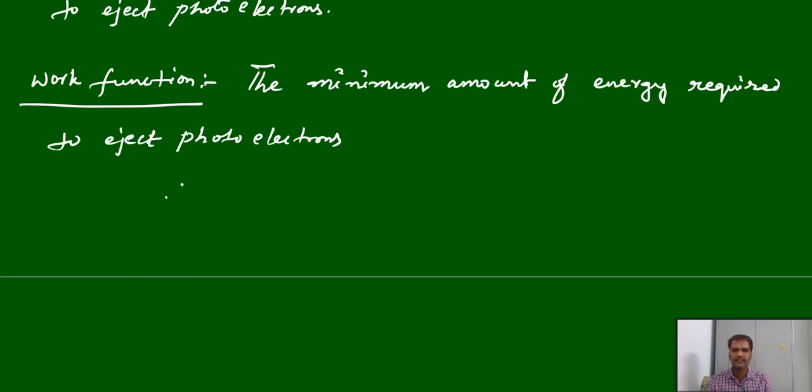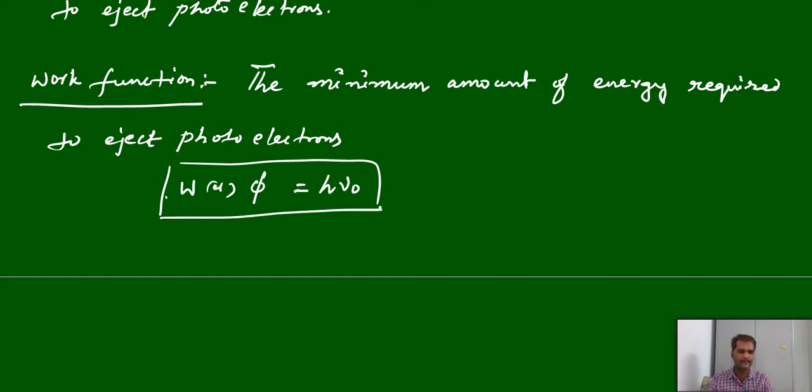The work function is generally represented with the symbol W, or sometimes with the symbol phi. It's a kind of energy. What is the energy? h nu. Here frequency means the minimum frequency, that is the threshold frequency. So the work function W or phi is equal to h nu naught.